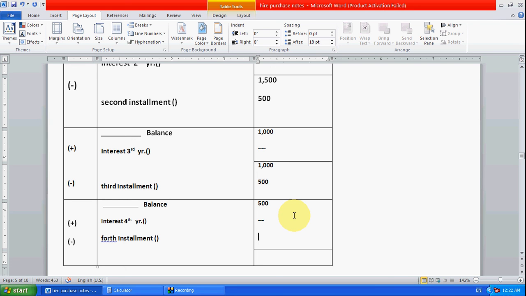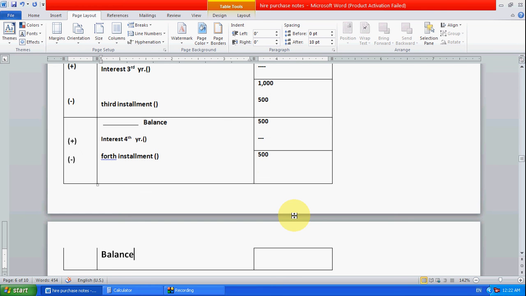The balance will be the same, 500, and now we pay 500 as the fourth installment. After paying the fourth installment, what remains to be paid is 0.